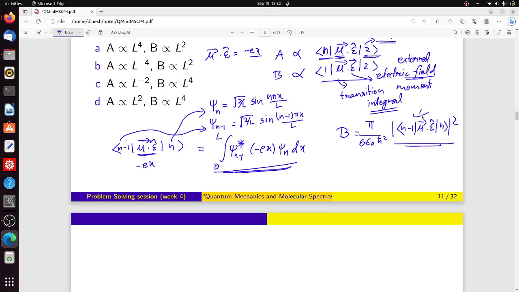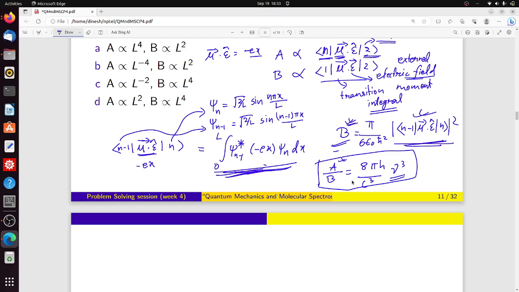Okay, so first you have to evaluate this, then you will get B. Then if you get B, from the class we know A by B will have some form like 8 pi h nu cube over c cube, where this nu is the frequency. So we will use this relation to get A. Then first we have to find B. Okay, how we will get B? From this integration. So this integration first you have to do, then it's pretty straightforward.